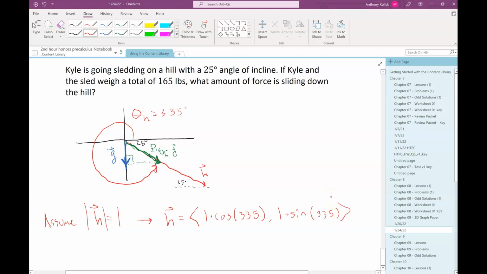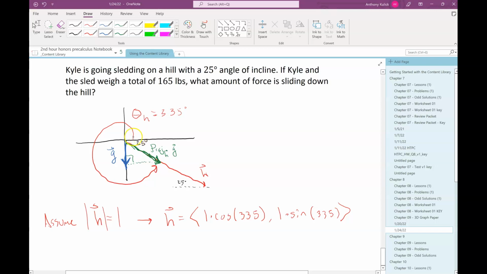So there's my magnitude, or my vector for h. Feel good?